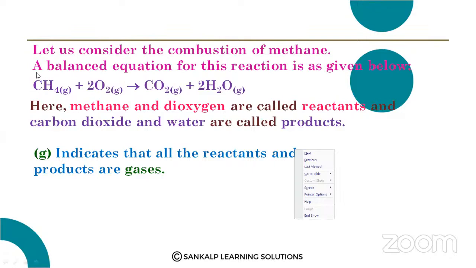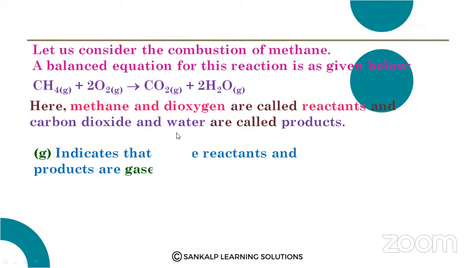The 2 and 1 given here are nothing but coefficients. These are the stoichiometric coefficients, and they tell you how many moles are present.